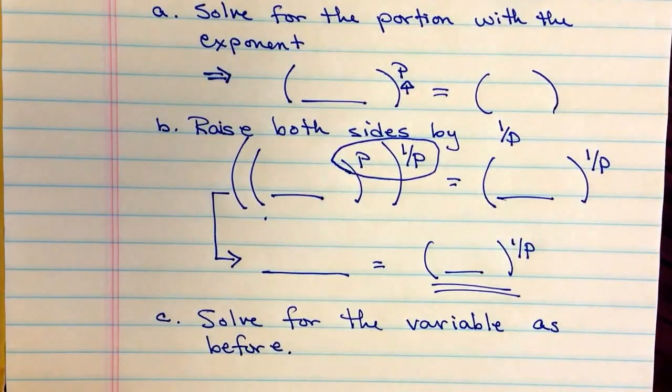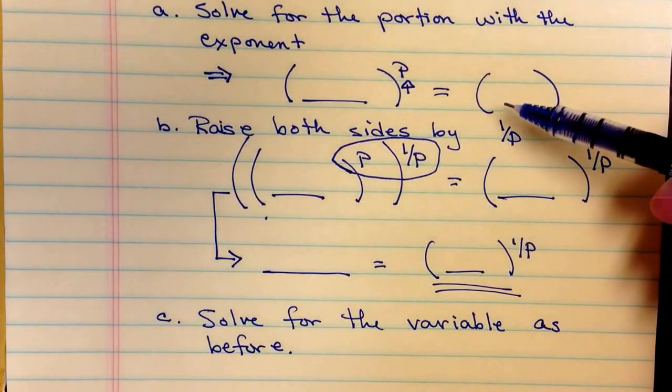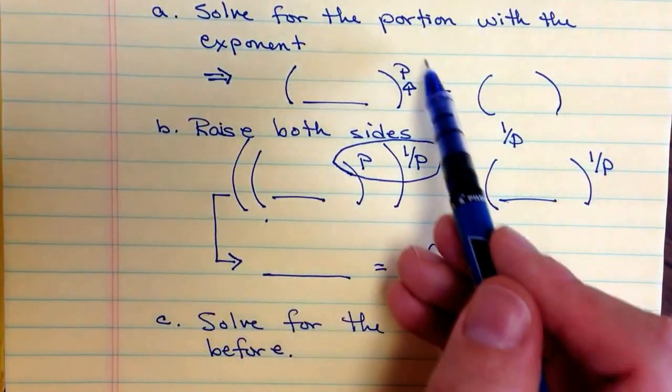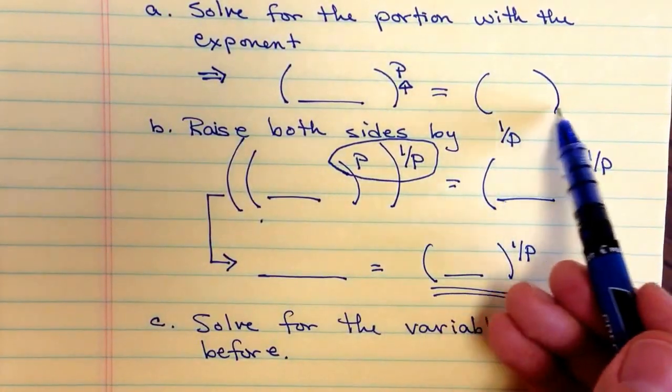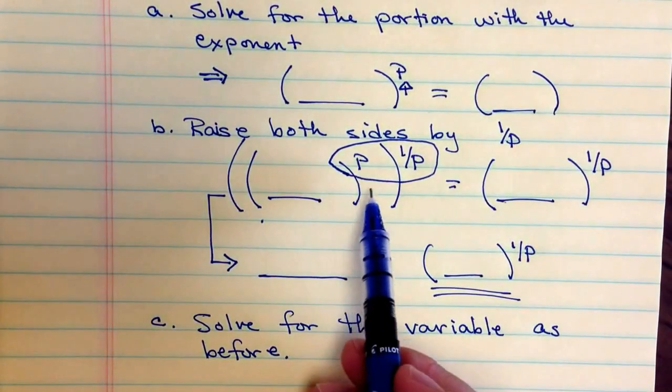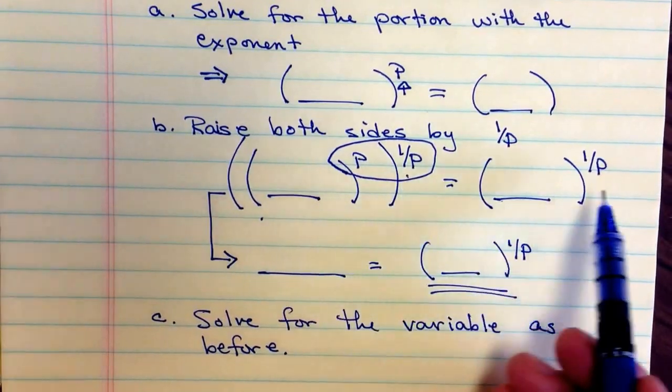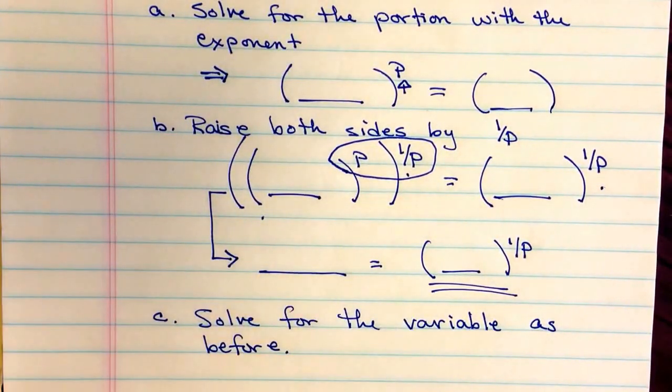Alright, so these are our steps. Basically, get our equation into the form something to the p equals some stuff. Then raise both sides to the 1 over p power. And then solve for the variable. So let's try some examples.